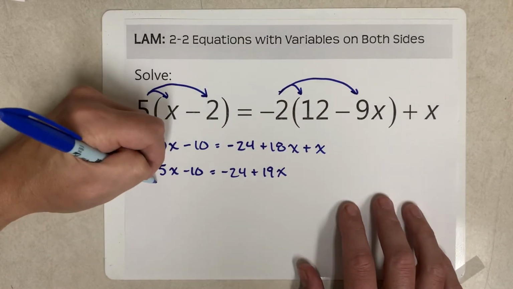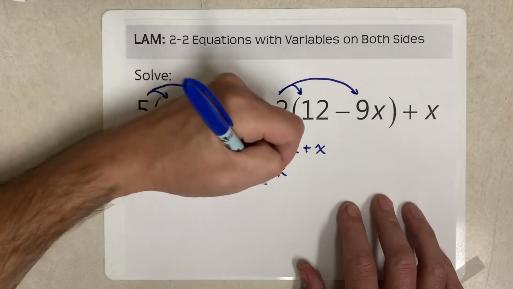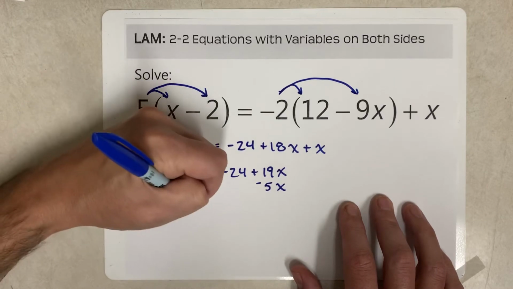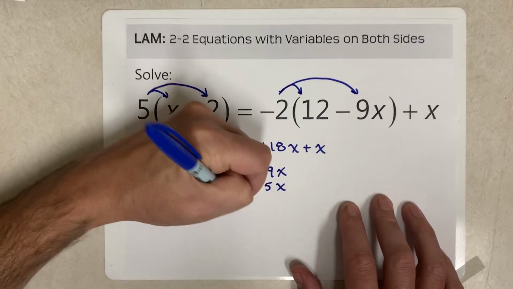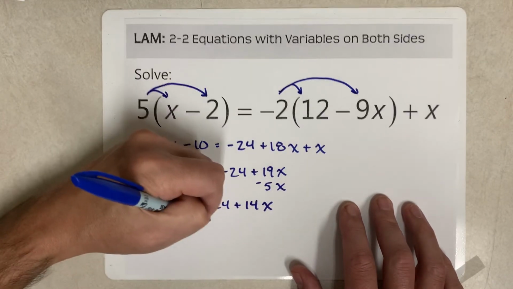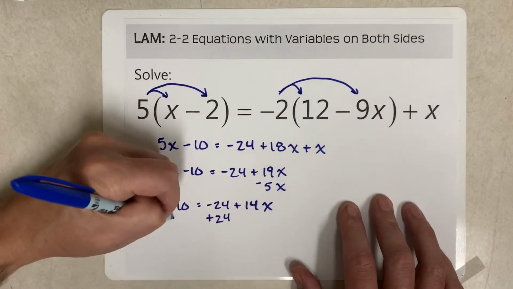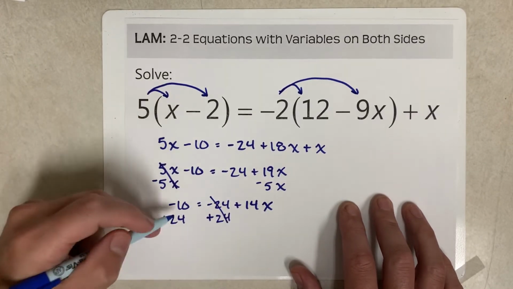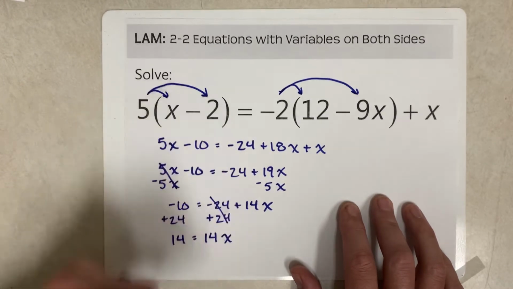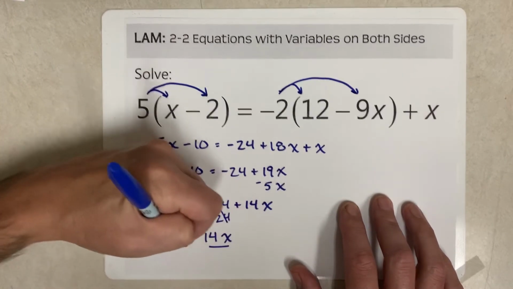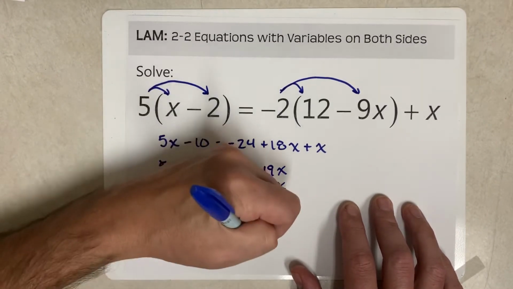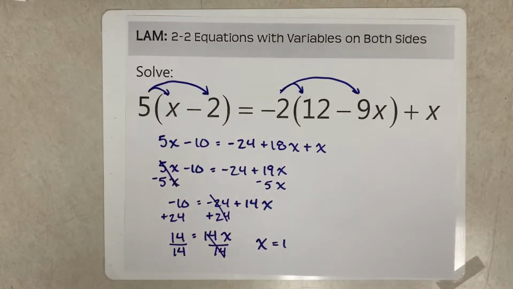Okay, now I'm going to go ahead and subtract 5x on both sides. I got negative 10 is equal to negative 24 plus 19 take away 5 is 14x. I'm going to add 24 to both sides. Got to move that over. Negative 10 and 24 make 14. And so now, divide both sides by 14. 14 over 14 is 1. So x is going to be equal to 1.